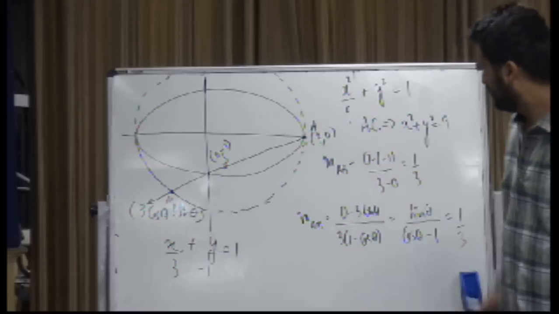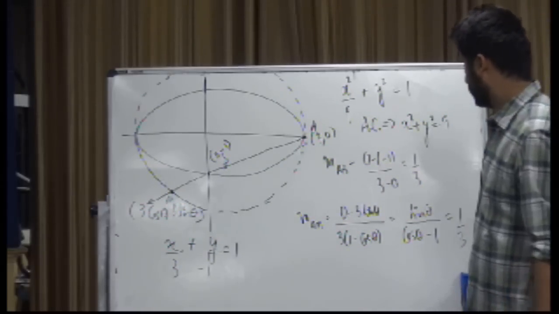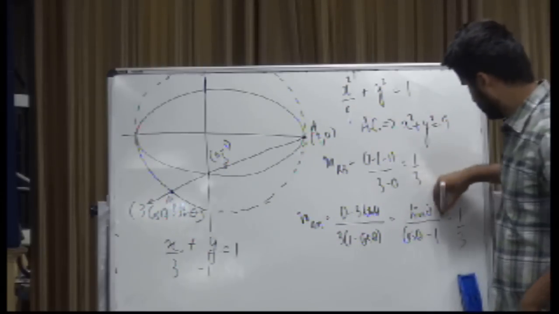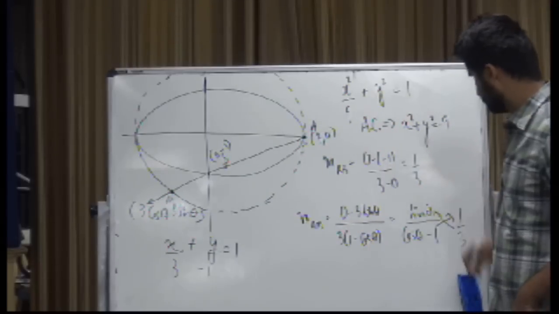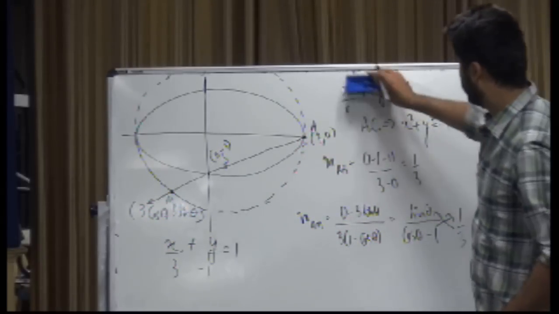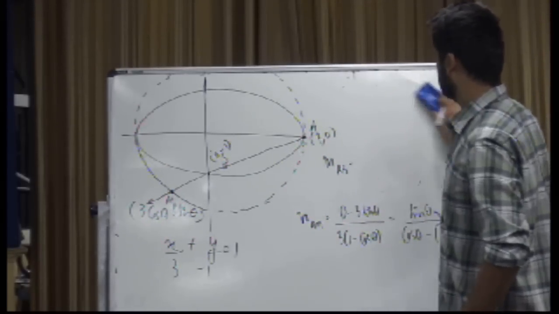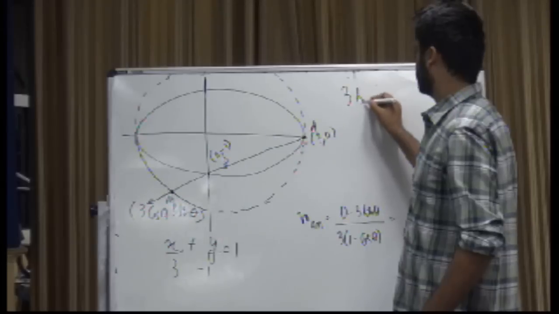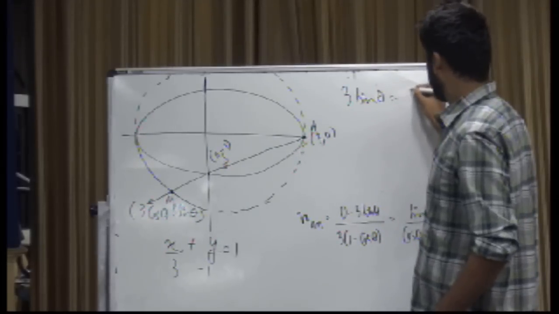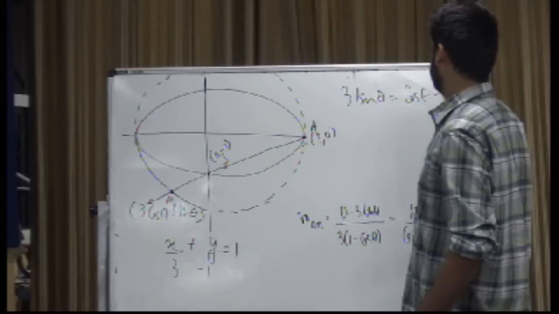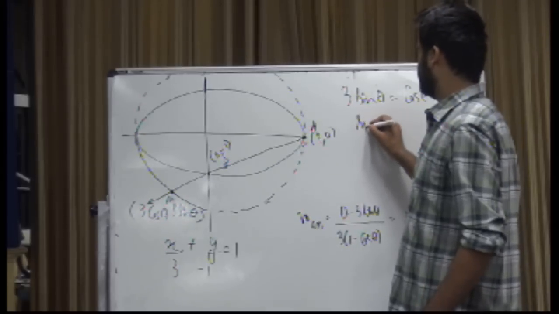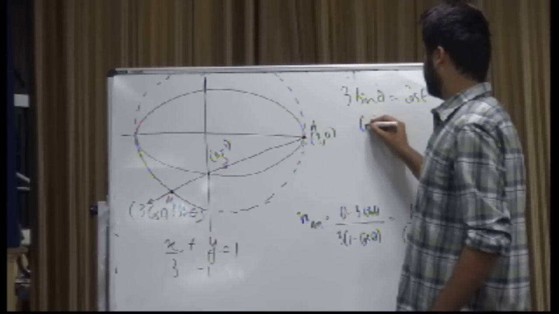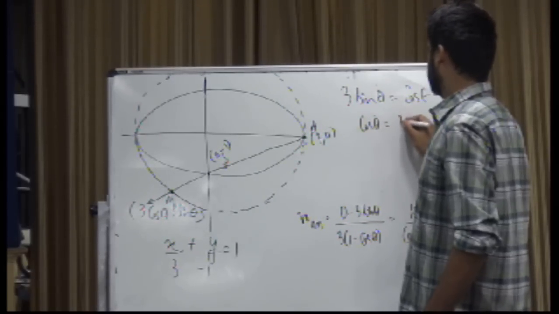Okay. So now, what are you getting? Sin theta. You cross multiply. 3 sin theta is equal to cos theta minus 1. So you get the value of cos theta is 3 sin theta plus 1.